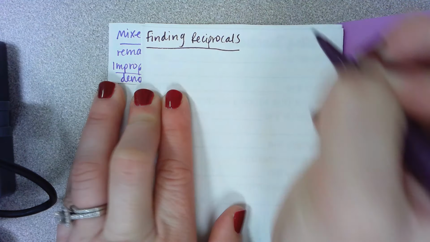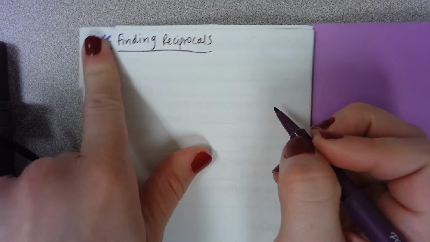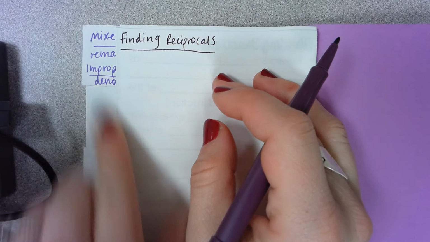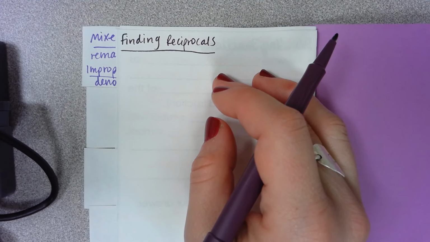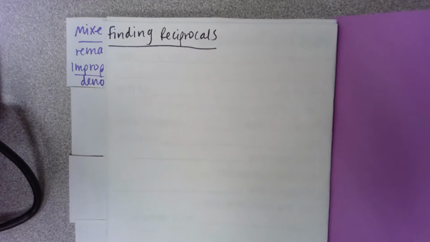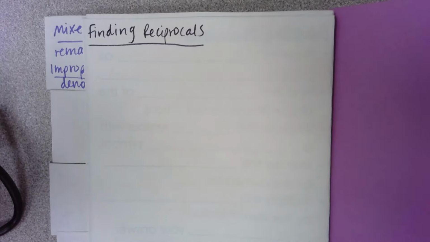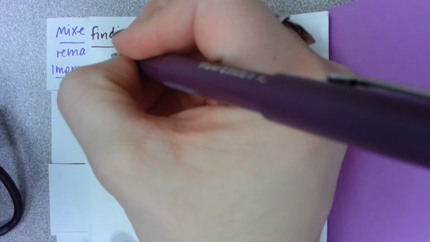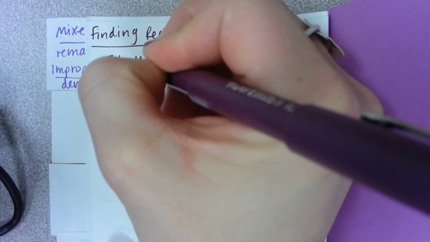When you hear the word reciprocal, and ignore this part over here, this is just the back tab of that, I want you to think of flipping. That means that when we're given a fraction, we're going to find its opposite fraction. So we're going to flip the fraction.